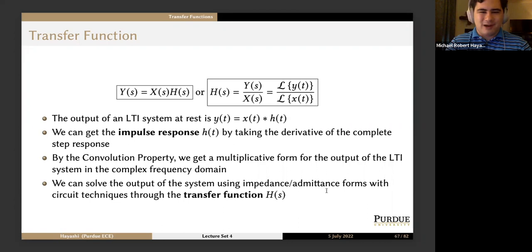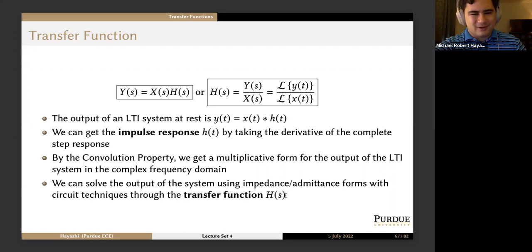By the convolution property, we get a multiplicative form for the output of the LTI system. So in the frequency domain, Y of s is equal to X of s times H of s. The other way of saying this is H of s is equal to the ratio of Y of s to X of s, which is the Laplace transform of our output to the Laplace transform of our input.